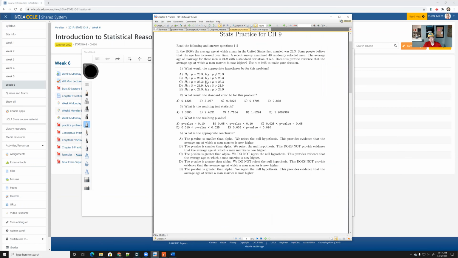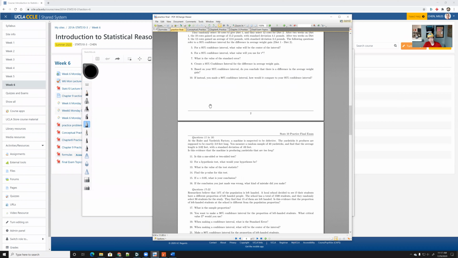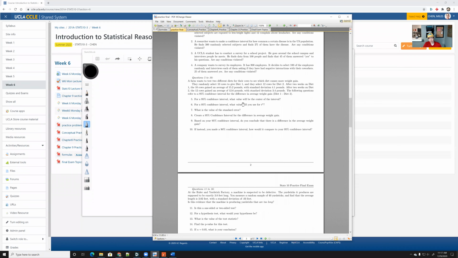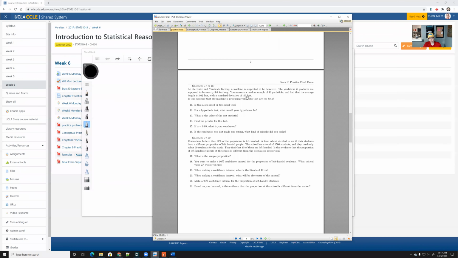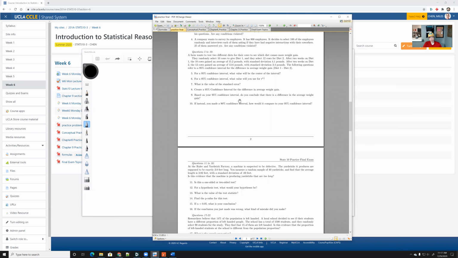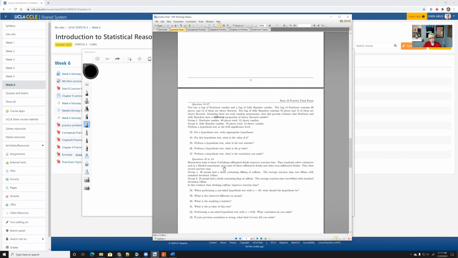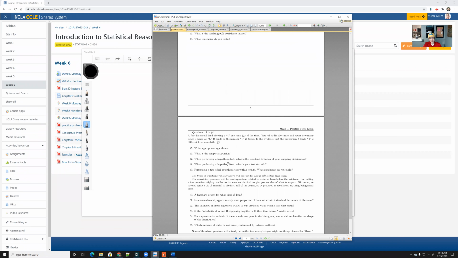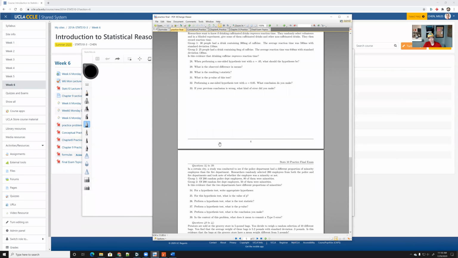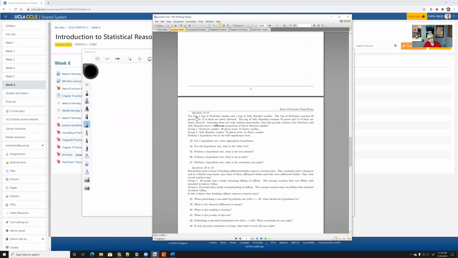The chapter 9 problem is very similar. I give something here, and ask for the hypotheses, standard error, test statistic, p-value, and conclusion. Very similar setup throughout the final. For the practice final, I gave you a lot. There are eight of these scenarios, and each of those has maybe 5 or 6 questions.